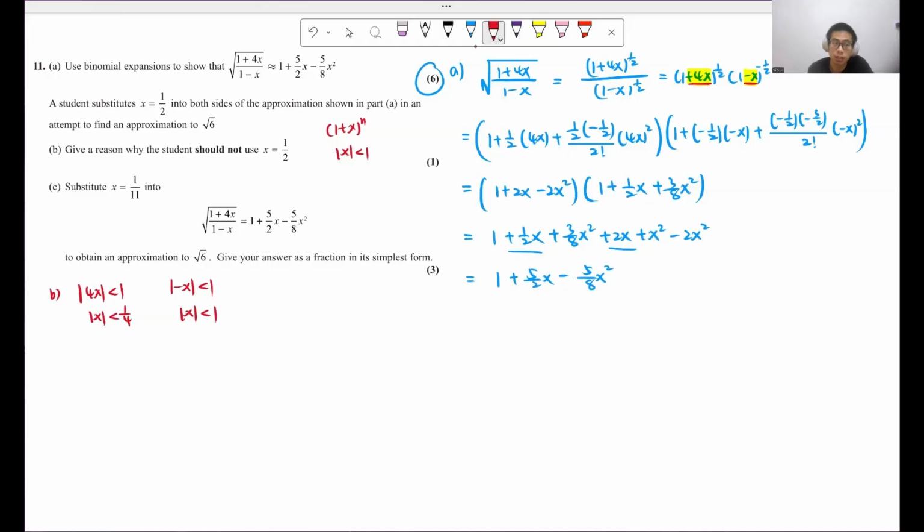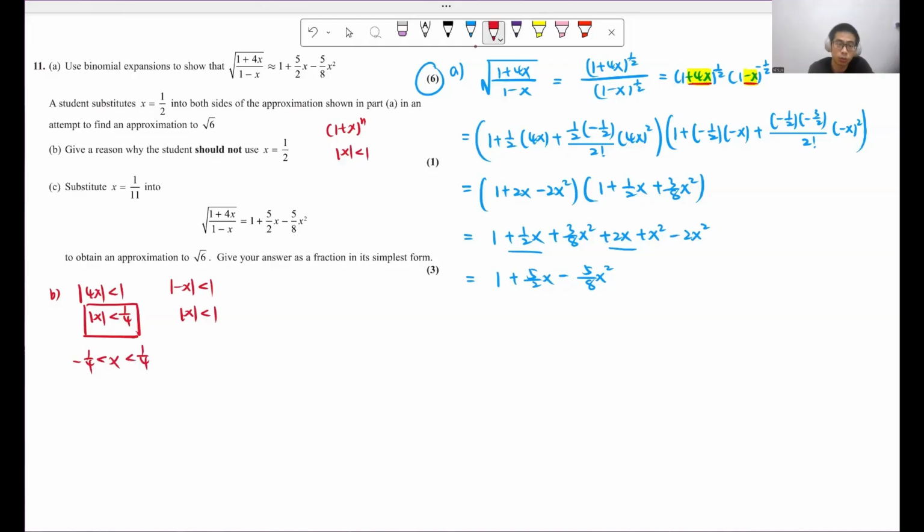So we pick the smallest one. All the values have to satisfy this, because you need the values to satisfy both of the expansions. You can't satisfy the second one but not the first one. If it doesn't satisfy the first one, it doesn't work as well. So you have to look for the one that satisfies both. So you always pick the smallest one. So x has to be between negative 1/4 and 1/4. And then x equal to 1/2 clearly is outside this interval.